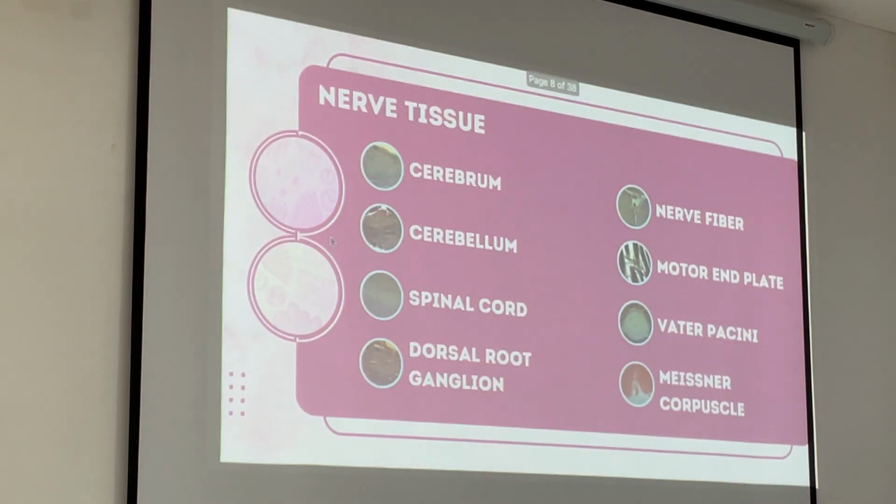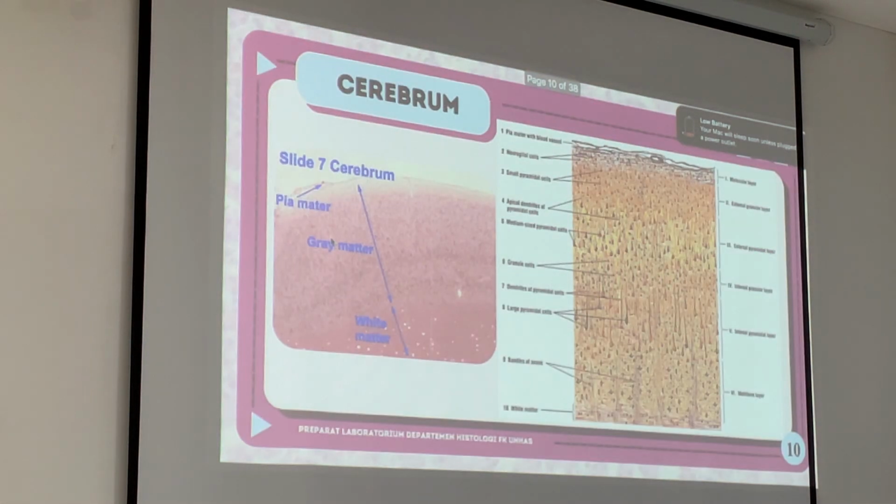Okay. Now this is what we have: cerebrum, cerebellum, spinal cord, ganglion spinalis, which is at the dorsal root ganglion, the nerve fiber, motor template, Vater Pacini, and Meissner body, or Meissner corpuscle. Dr. Tuti already mentioned the cerebrum.